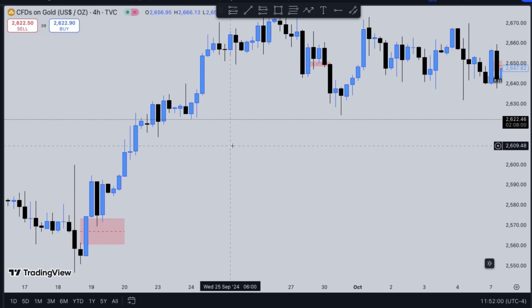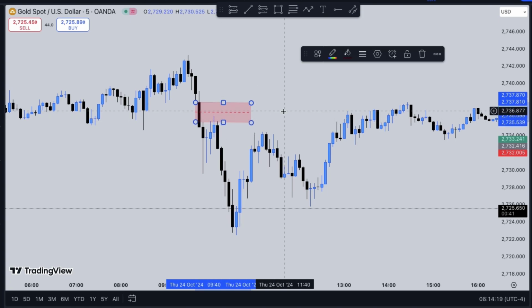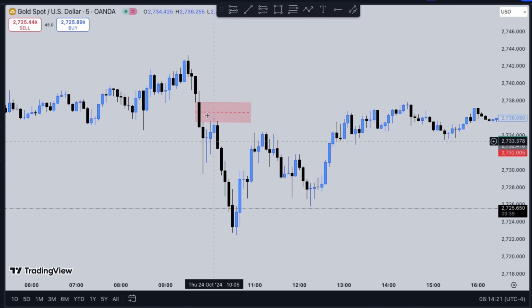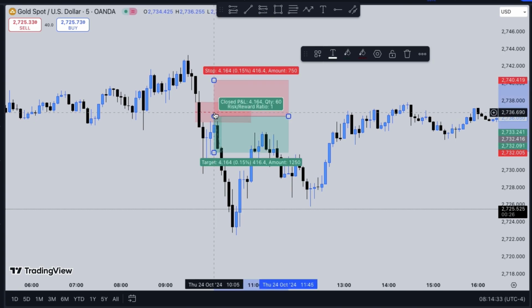Now that we have identified what fair value gaps are, let's look at how we can actually trade them. After identifying and drawing out your fair value gap, it depends on the type of imbalance or gap that it is. For instance, this is a bearish imbalance, so we are only looking for sells. I'm going to put in my sell position right here.